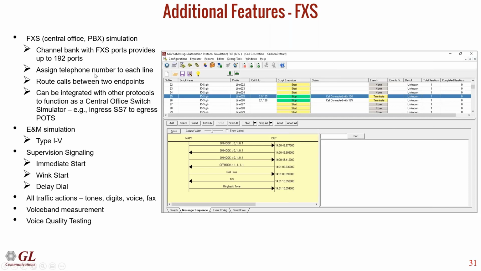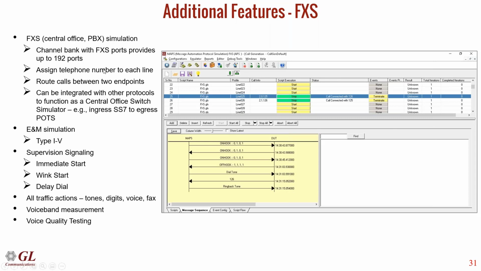We can assign a telephone number to each line that's connected to that port. We can route the calls between two endpoints. We can function as a full-blown central office switch simulator, from ingress SS7 to egress plain old telephone system.